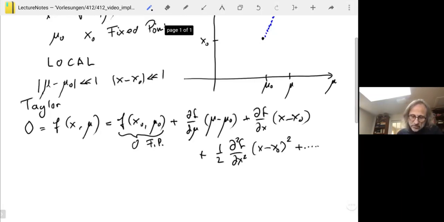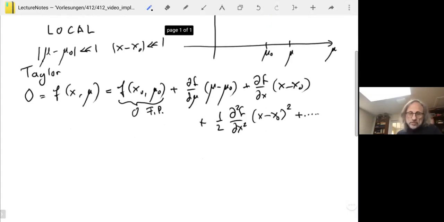So since we're assuming everything is smooth, I mean, the function f is nice and smooth, and mu and x are close to the original points x naught and mu naught, that means these higher order terms can be ignored compared to these terms. And then we can simply solve for x, right? We want to solve for x in principle.